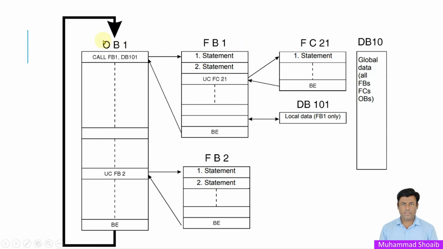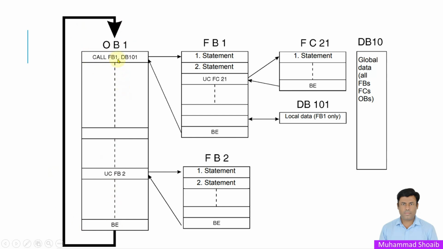In the previous tutorial, we already learned how OB1 works. OB1 executes logic cyclically. OB1 takes the input data, then executes the logic, and once the logic in the OB is executed, it updates the output, and this cycle starts again. So cyclically OB1 always continues to work.